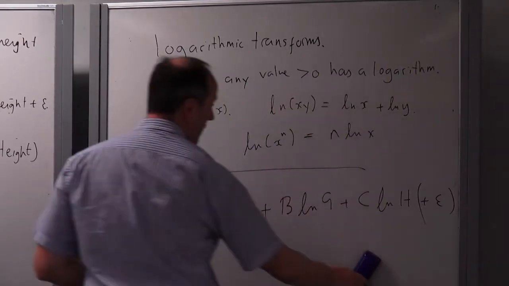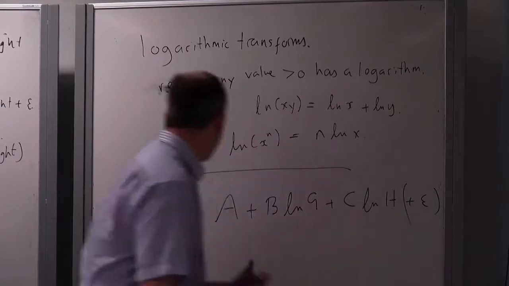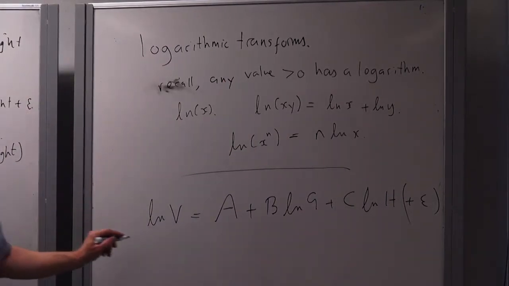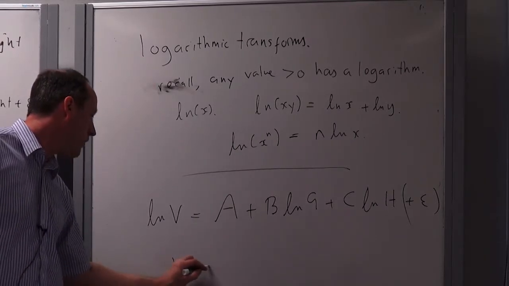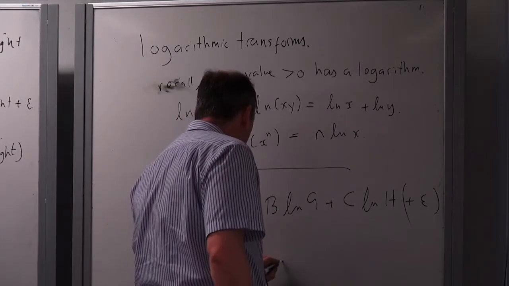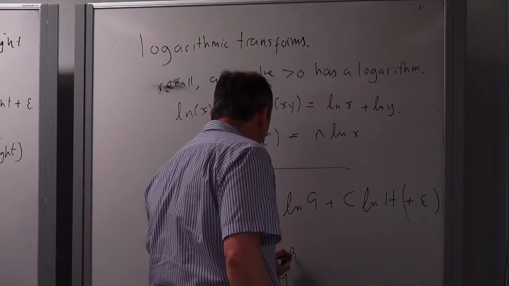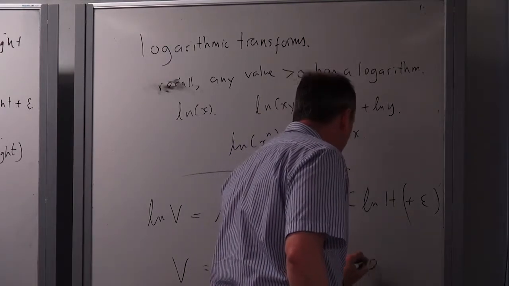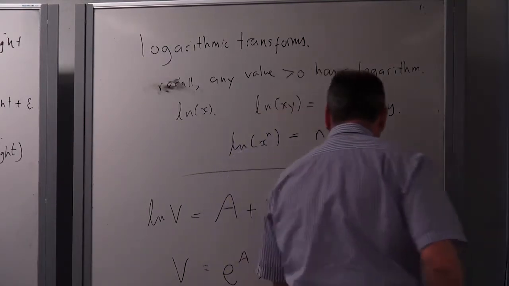Now let's just have a look at this. If I take anti-logs of both sides, I've got v equals e to the a times g to the power b times h to the power c times e to the epsilon, which I'm going to ignore.